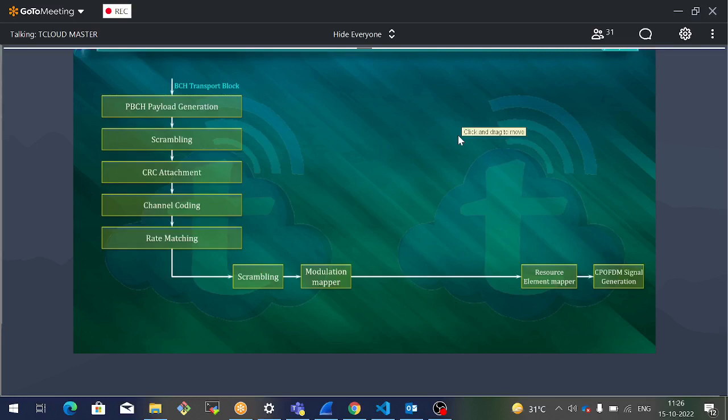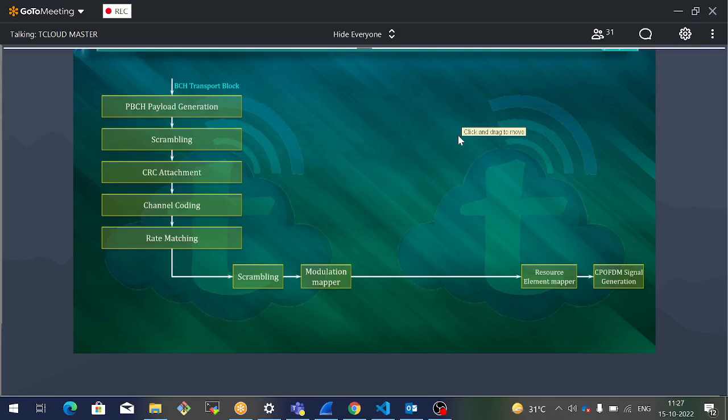The data that we are packing inside those channels is not carrying any meaningful data from the higher layers. But the first channel that we are studying which contains meaningful data coming from the higher layer is this PBCH, physical broadcasting channel. Its data comes from higher layer.